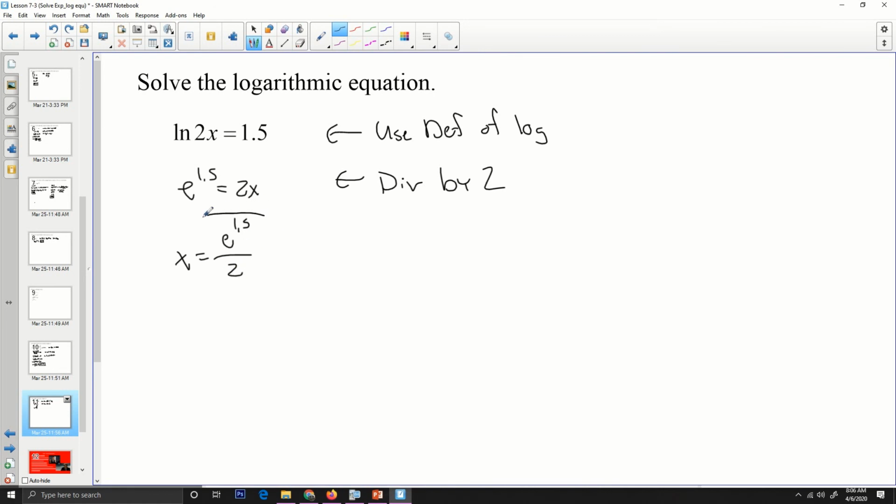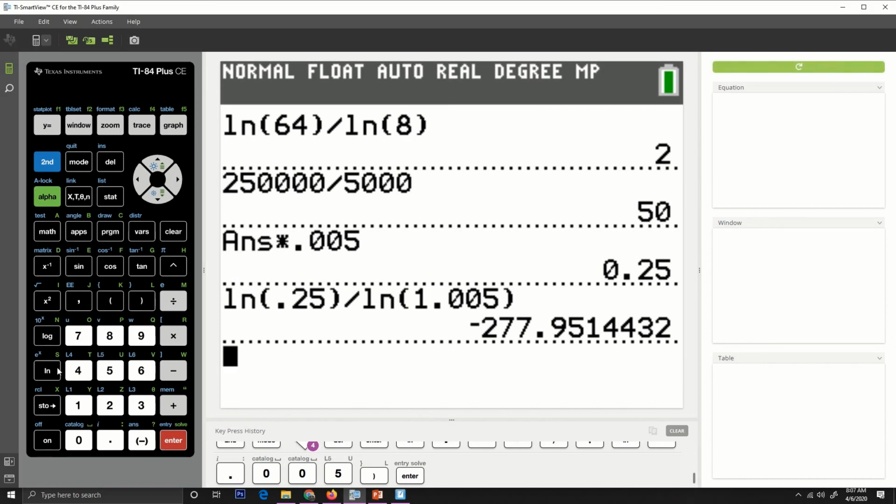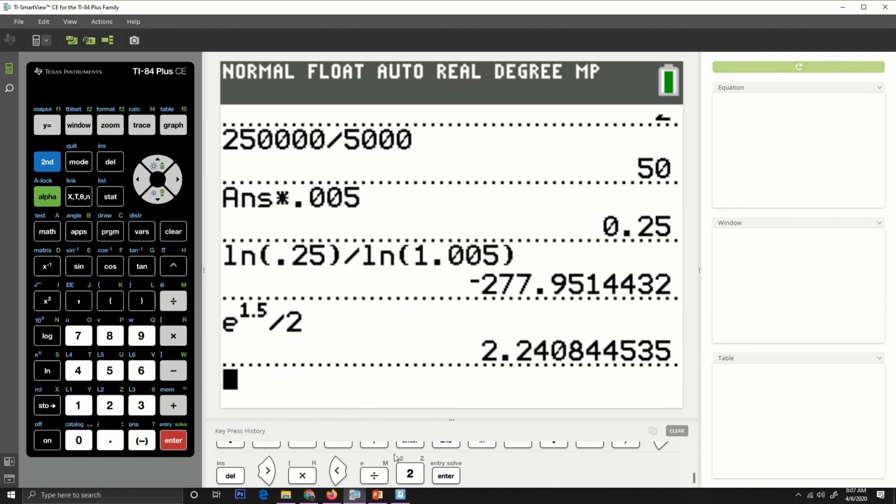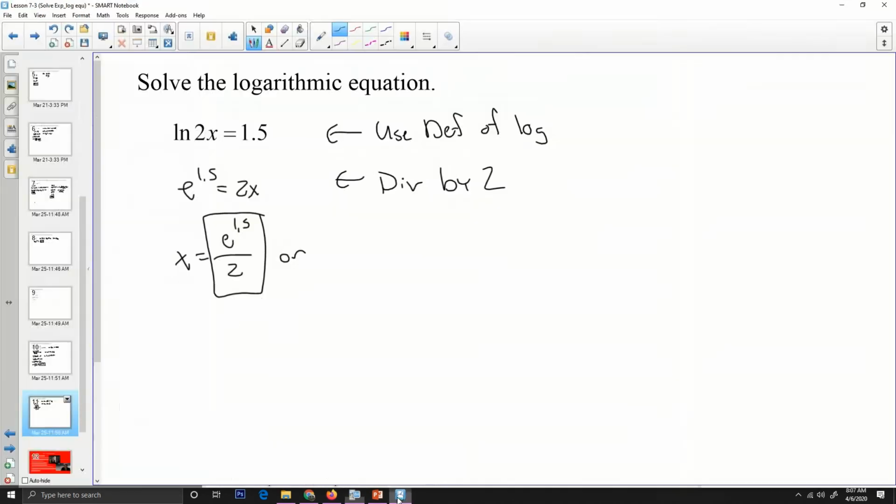Now you can leave it like this because it's going to be irrational anyway, or you can grab your calculator and get a decimal: e to the 1.5, close that, oops, I don't have a parenthesis there, let's delete, divided by 2 is 2.241.